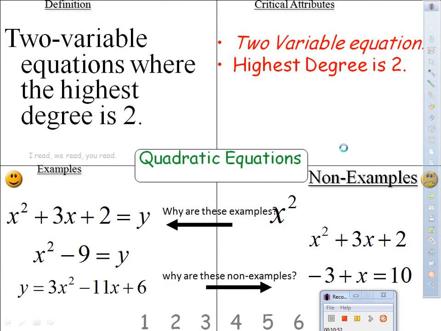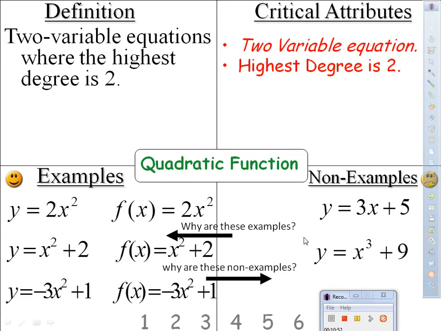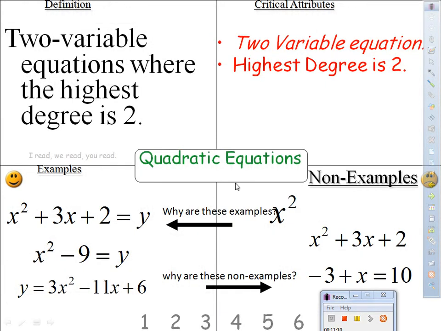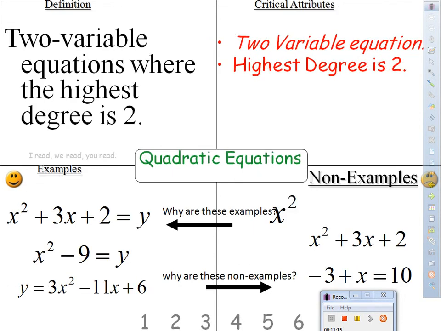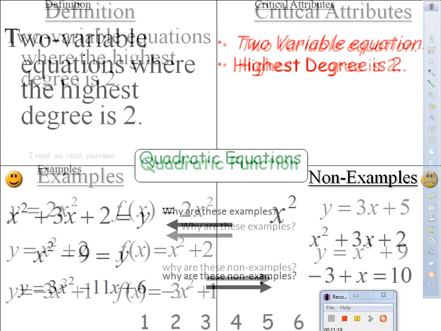Oh, actually, before I move on, everybody look up, please. Pens down. As we go back, when we finish with functions, let me show you the difference between just a function, quadratic function, and a quadratic equation.